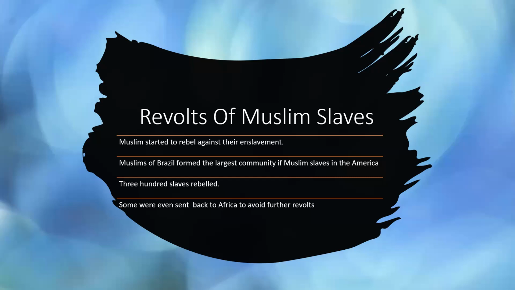Around 300 slaves actually rebelled at that time. Their revolt failed, but it definitely instilled fear of Muslim slaves in the European merchants who were trading slaves. Some were even sent back to Africa to avoid further revolts.